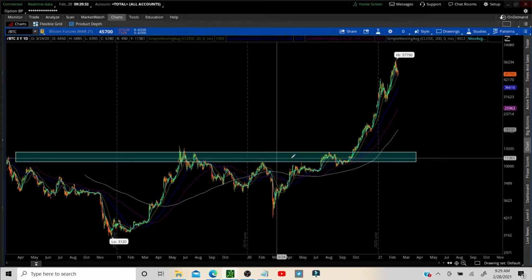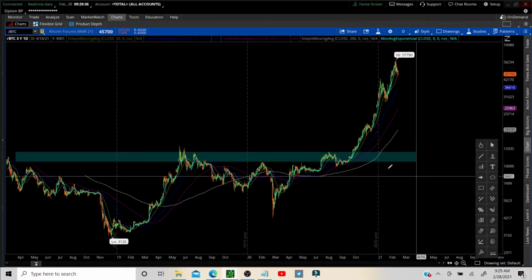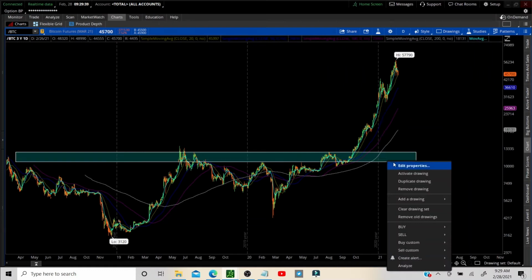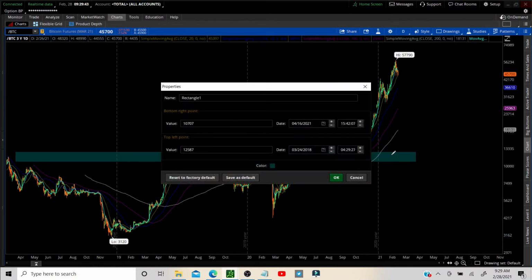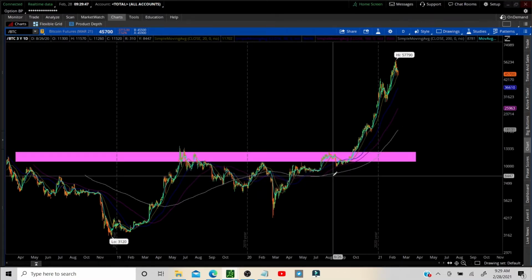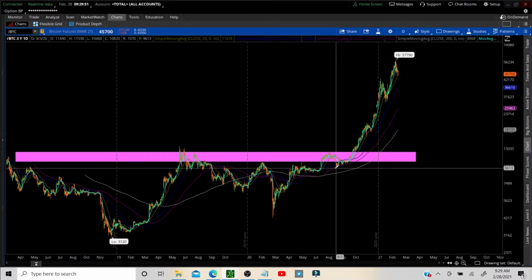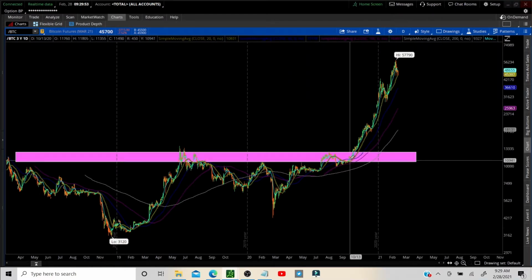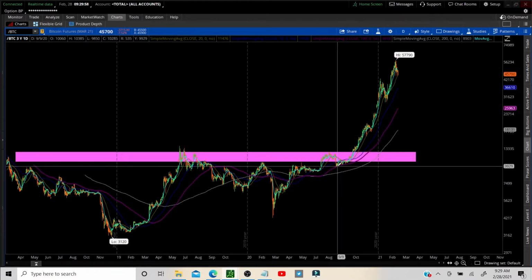Now I would usually make that a different color, just because we want to keep it different for when we use a tool again. So that might be a beautiful price zone. There's even a spot where a breakout happened. Some people don't even use trend lines.